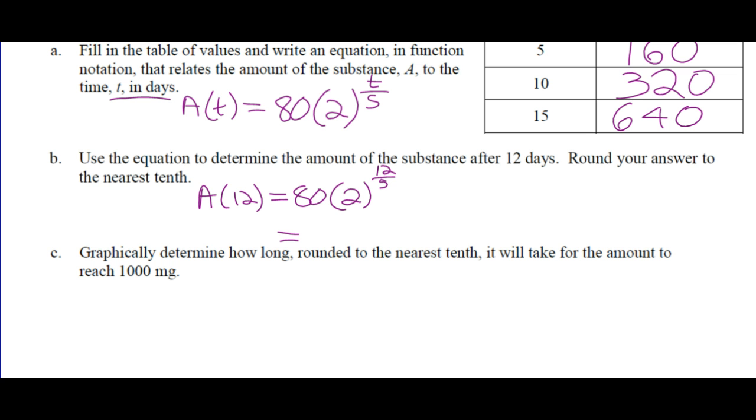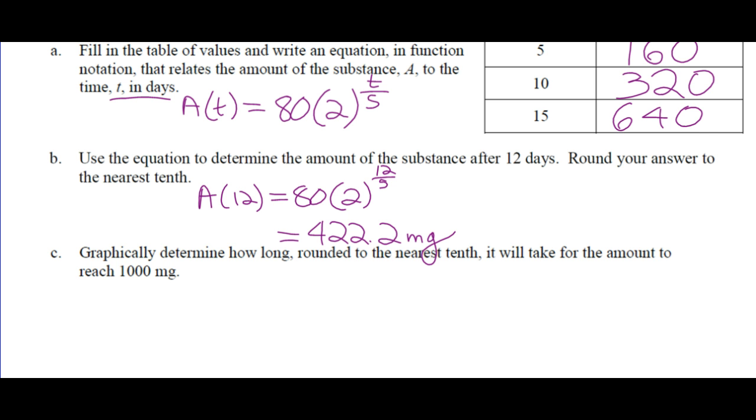Okay? And we want to round to the nearest tenth. And what do we get? 422.2. Okay, remember the y value is in the same units as the a value, the little a, right? So it's 80 milligrams. This is 422.2 milligrams.